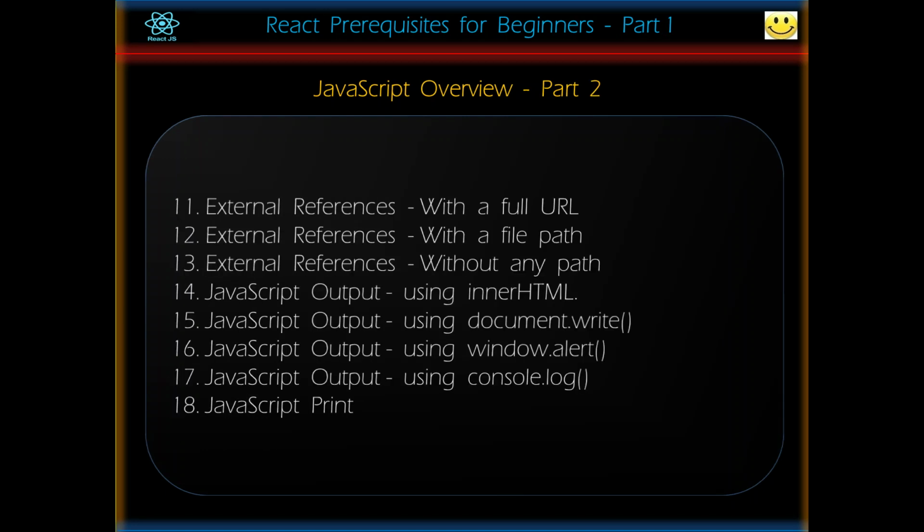In the next lecture, JavaScript overview, part 2. In this lecture, we will learn about external references with a full URL, with a file path, without any path. And then JavaScript output using inner HTML, using document.write, using window.alert, using console.log. And then finally JavaScript print.